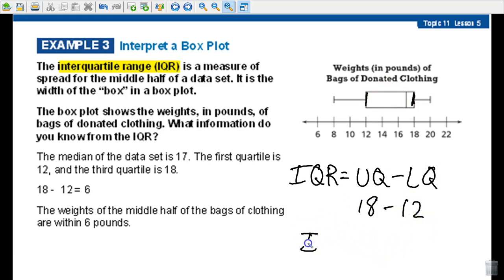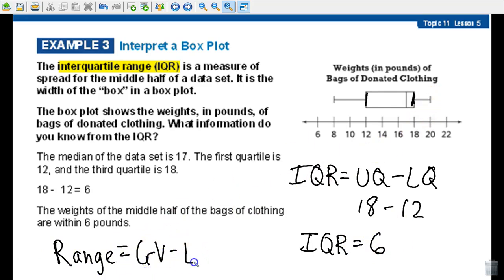So the IQR equals 6. Okay? Now, if we're talking range, just regular range, not interquartile range, we would have the GV minus LV. And that would be 20 minus 8, and that would equal 12. All right? IQR is the upper quartile minus the lower quartile, and that gives you the interquartile range of 6.